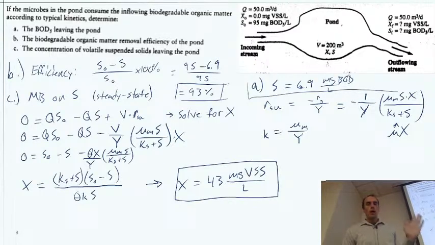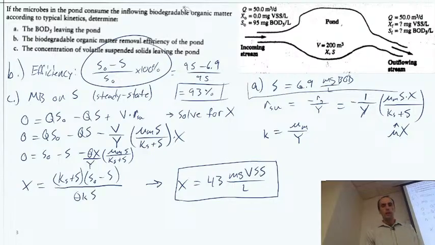So just revisiting A, when we put in the numbers, we end up with 6.9 milligrams per liter of BOD, based on the parameters that we were given. To take the efficiency, we would take the initial S minus S divided by the initial S, multiply that by 100%. We'll get an answer to say that this pond is 93% efficient, or it removes 93% of the biodegradable organic matter.